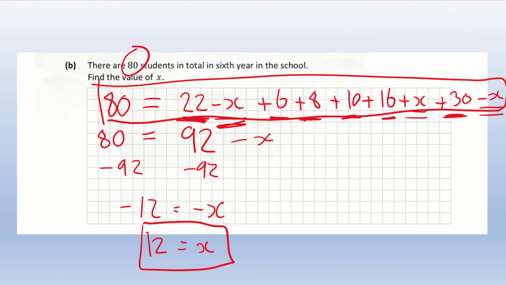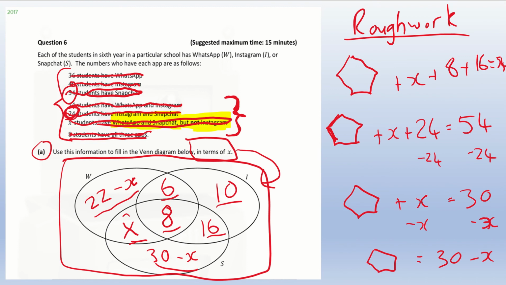If you got a negative number down here at the bottom, you'll know that that would not be correct, because if you look back at the Venn diagram, this x here is an amount of people. And in the context of this question, you can't have a negative amount of people. You couldn't have minus 3 people that use WhatsApp and Snapchat, but not Instagram. That makes no sense.